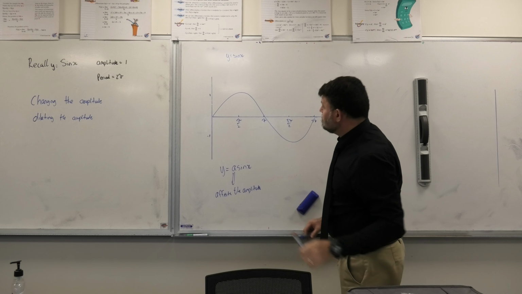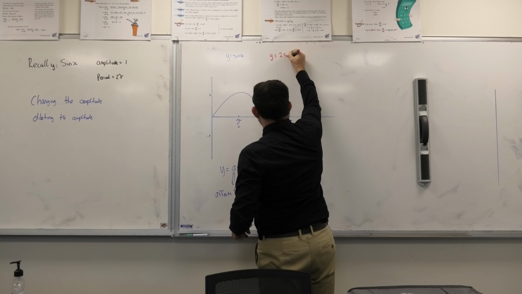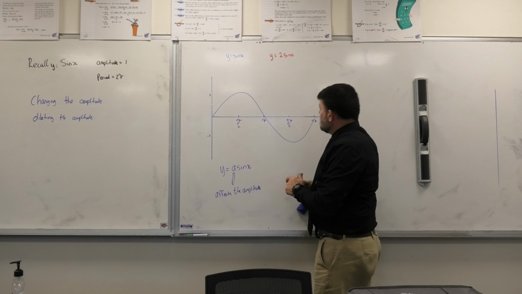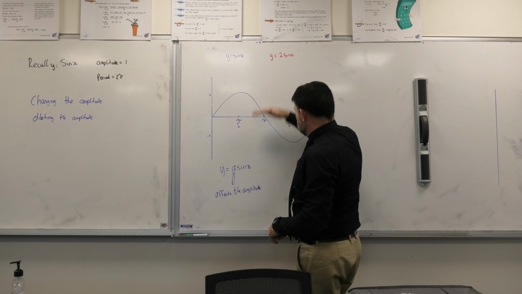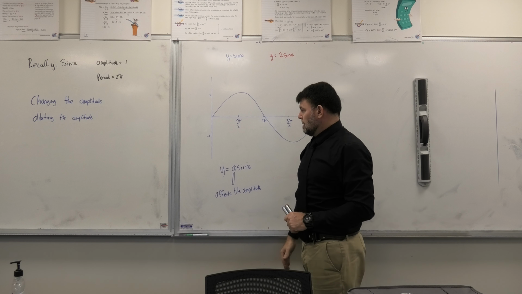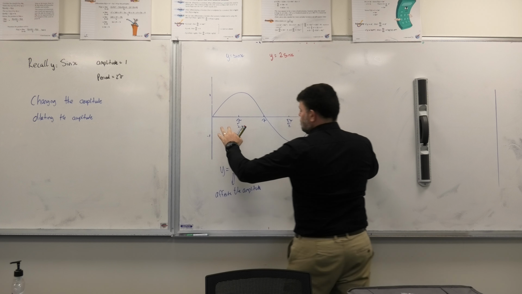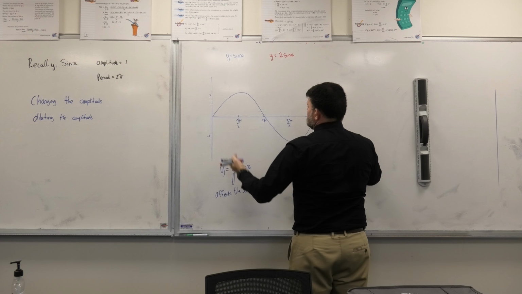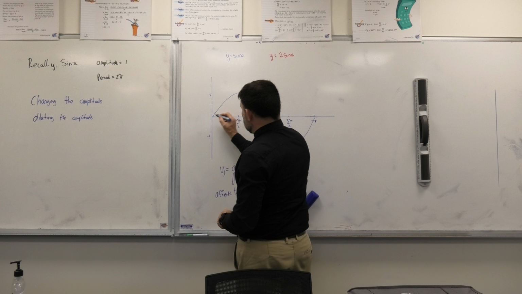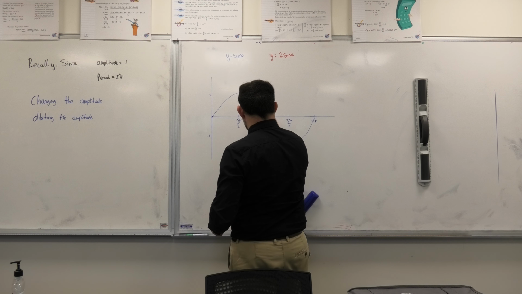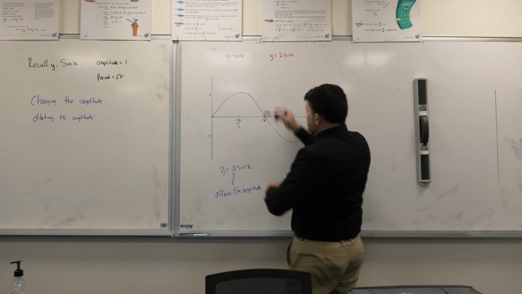If, however, we wrote y is equal to 2 sine x, then we're changing how high the maximum and minimum of this graph is going to be. What it doesn't do is change your period, and it doesn't change your x-intercepts. They stay exactly the same. All that's changing is the height.